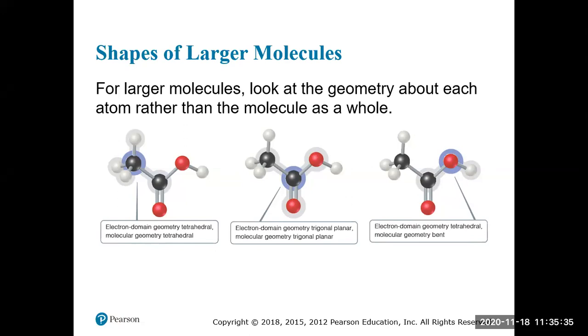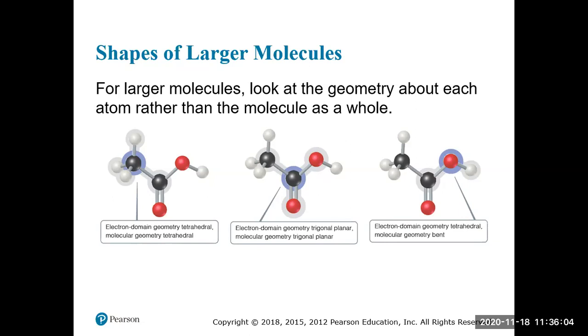So in this case, we have 3 electron domains: 2 single bond electron domains and 1 double bond electron domain, for a total of 3. So our electron domain configuration is trigonal planar. If we think back to our Lewis structure for this carbon in this situation, we've satisfied the octet: 2 single bonded electrons, 2 single bonded electrons, and 4 double bonded electrons.